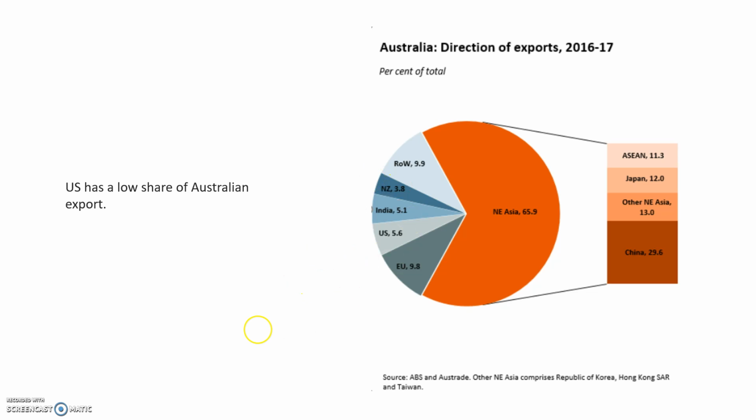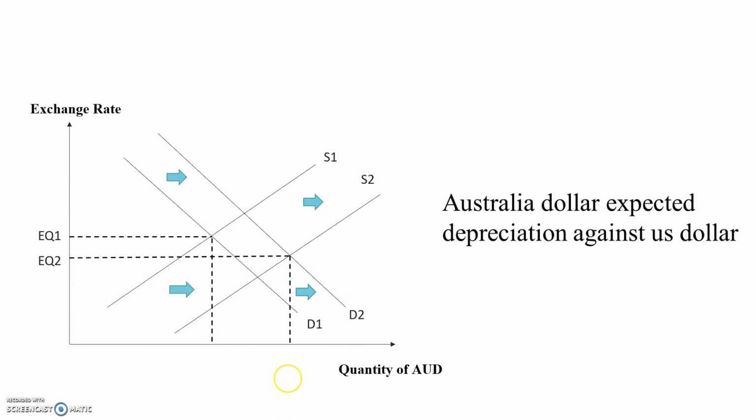Also, America is the biggest economy in the world, and its fast growth rate is more attractive for Australian people to invest in America. So on the graph, I personally think the supply curve will shift more than the demand curve. So we get a new equilibrium point here. I personally reckon the Australian dollar will depreciate against the US dollar.